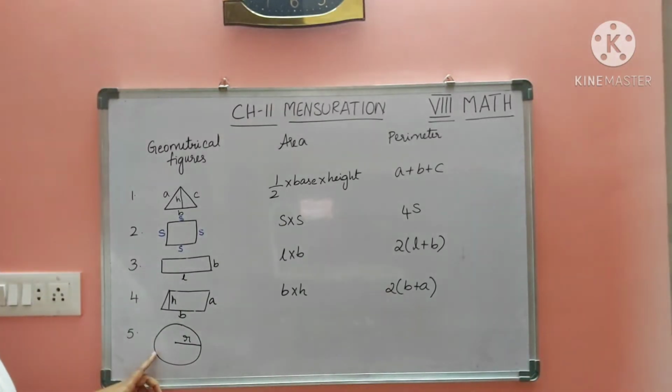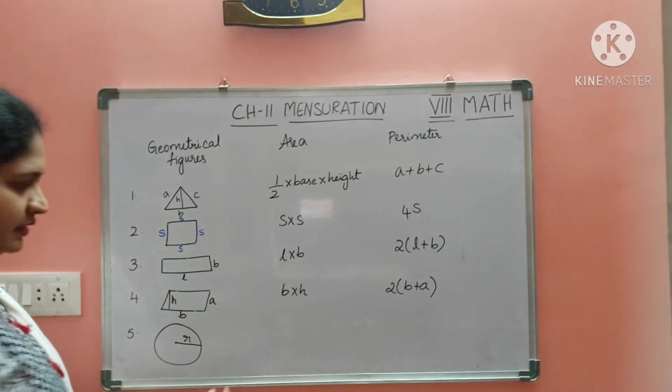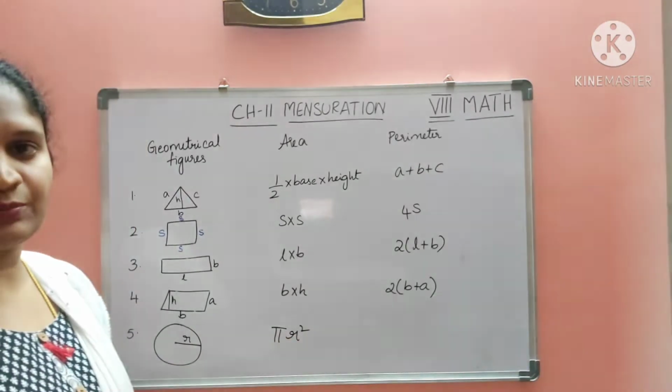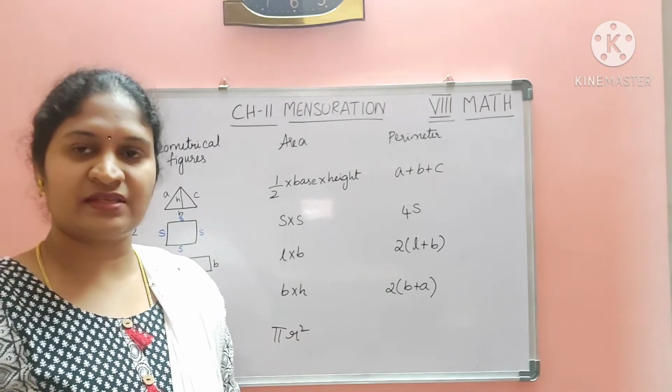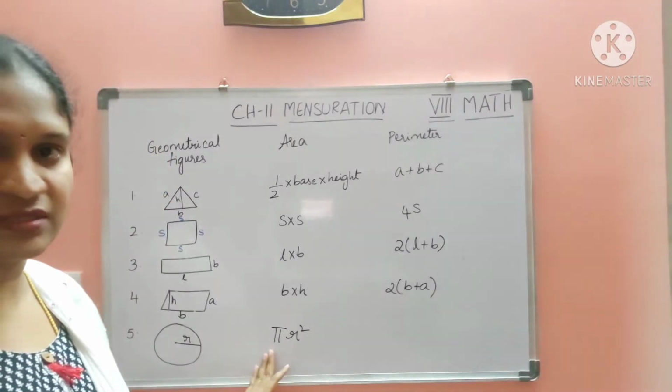Now coming to the circle. I am taking a circle with radius R. Area of the circle is pi R square. Pi you can take approximately equal to 22 by 7 or 3.14, right? It is a constant.